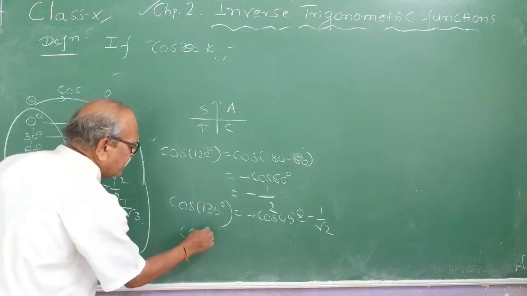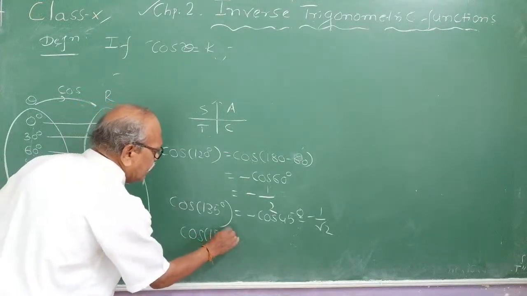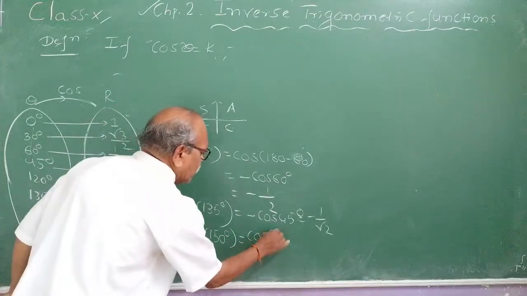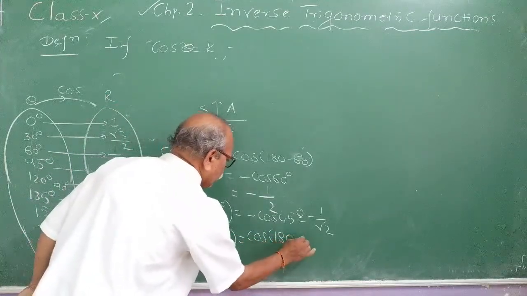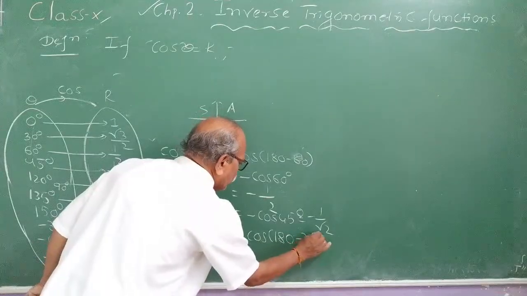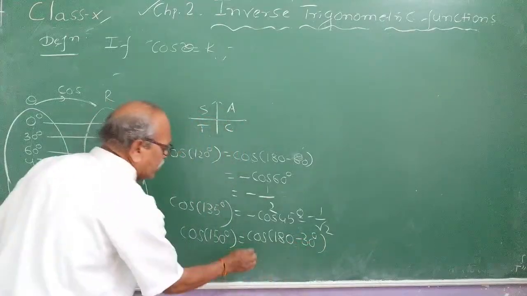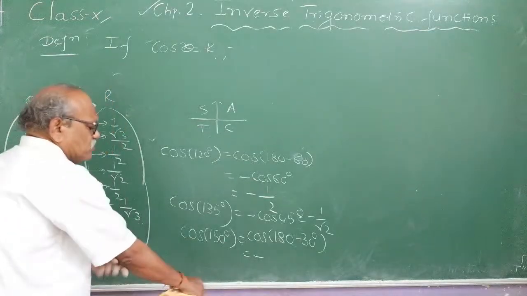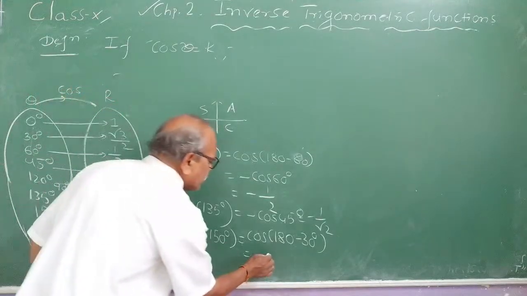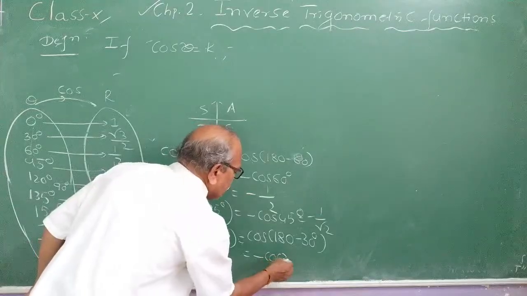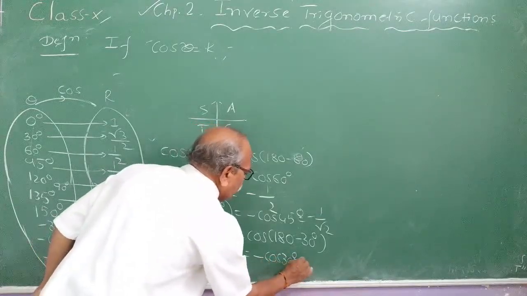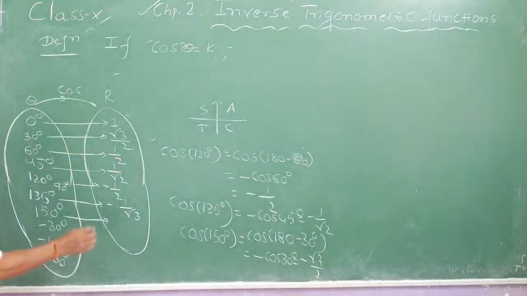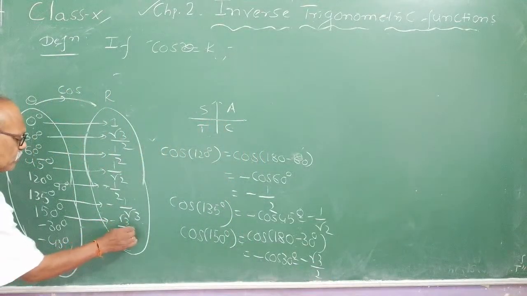How do you write the allied angle? Write it as 180 minus 30 degree. Right? Second quadrant, even multiple, so cos remains cos only. You will get minus cos 30 degree, which is minus root 3 by 2. No problem. It will not disturb one-one here either.